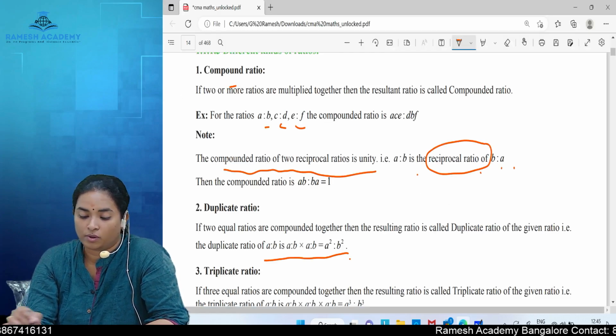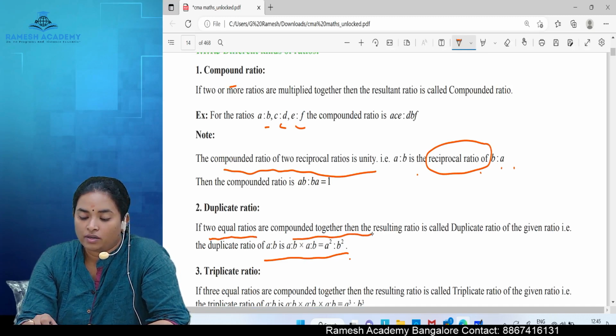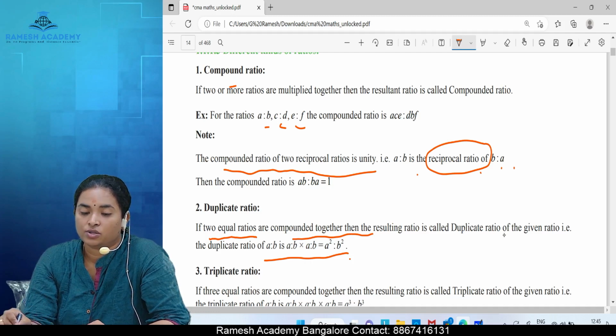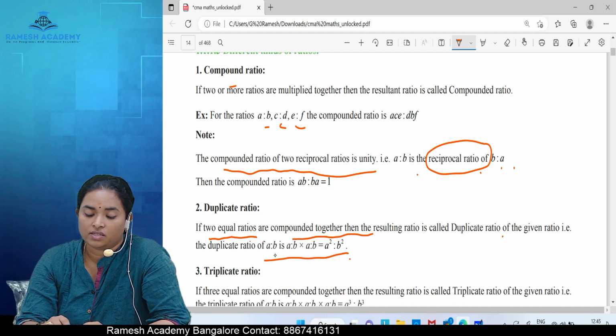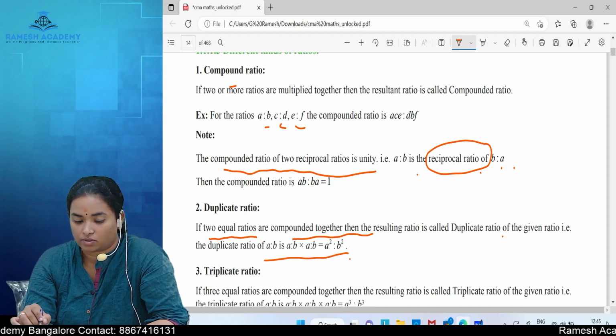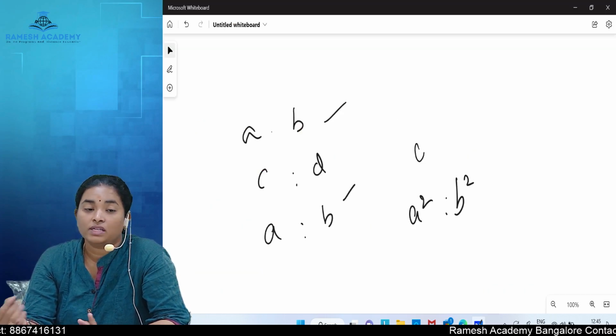Two equal ratios compounded together, the resulting ratio is called the duplicate ratio of the given ratio. That is, A is to B into A is to B, that is A square is to B square.